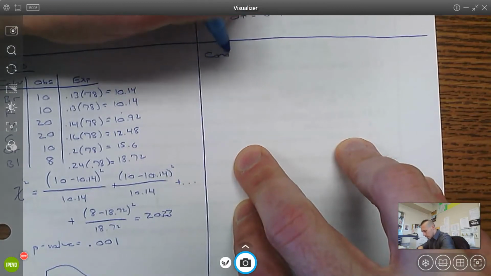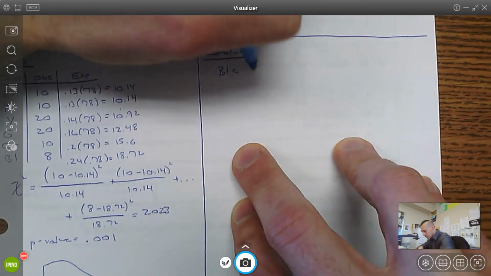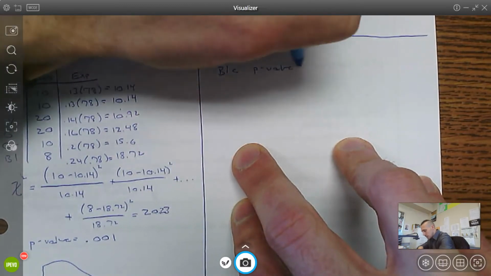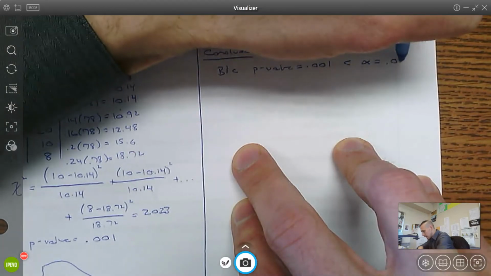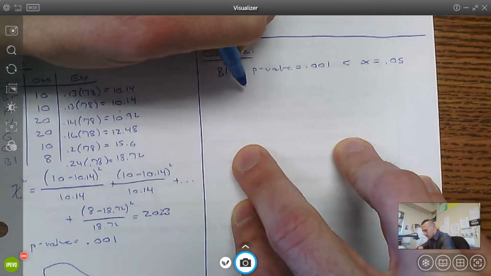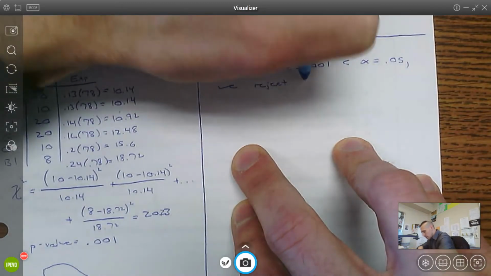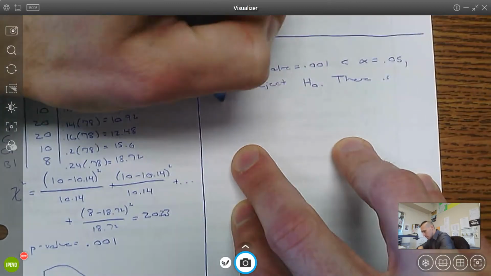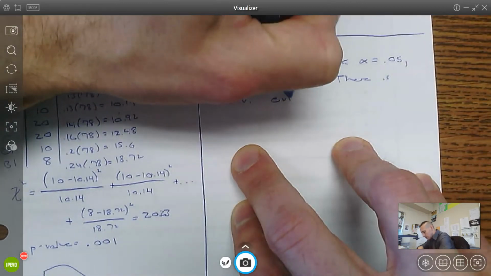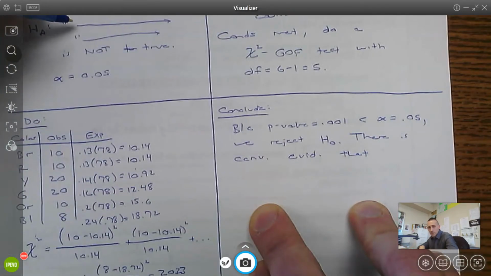We're doing what we always do, conclude, because the p-value equals 0.001 is less than alpha equals 0.05, so very unlikely to happen by chance. We reject the null hypothesis, which means there is convincing evidence that, and then I'm just going to talk about the alternative like we've always done.